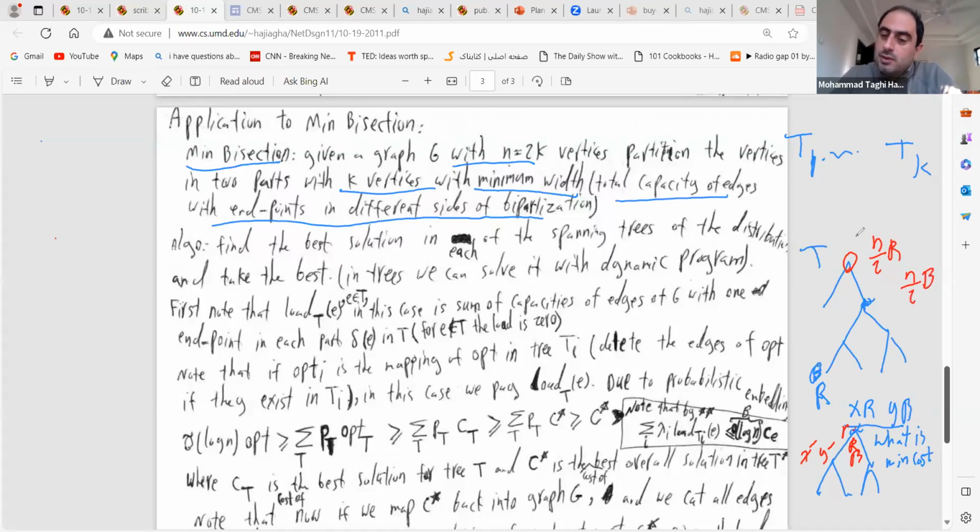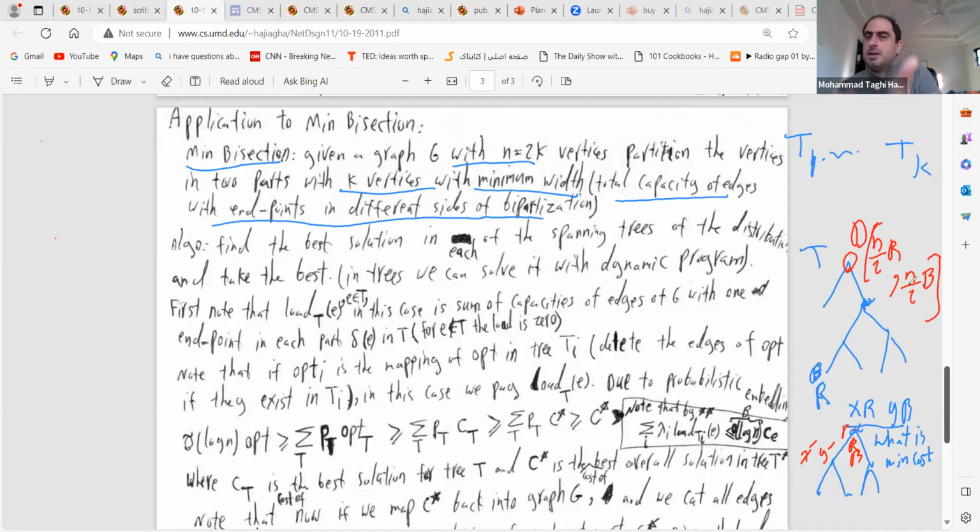So you see what the entry of this dynamic programming table is. That is the one that gives you the solution for this bisection problem. So bisection on trees can be done easily using this kind of bottom-up dynamic programming.